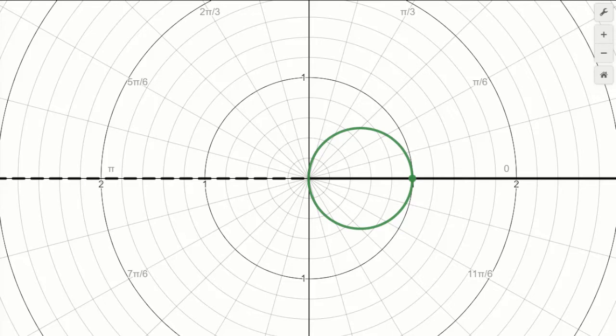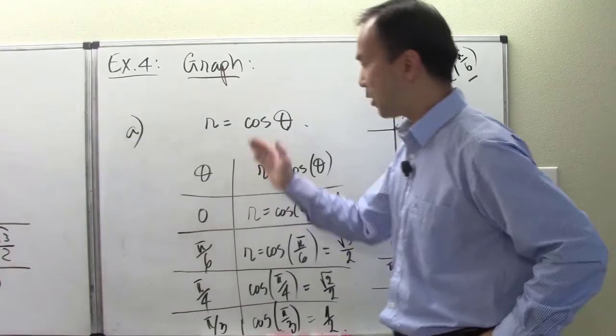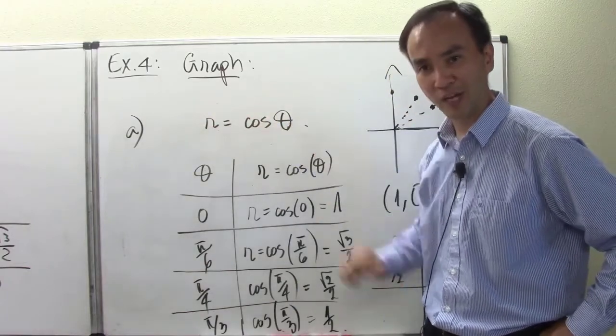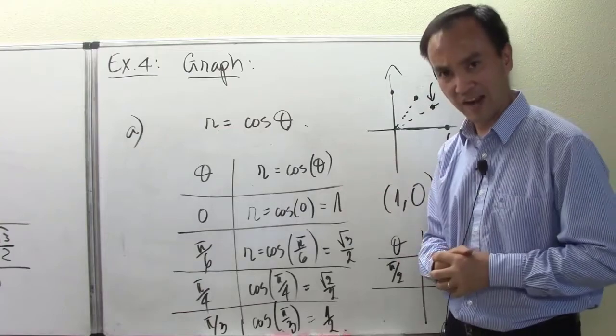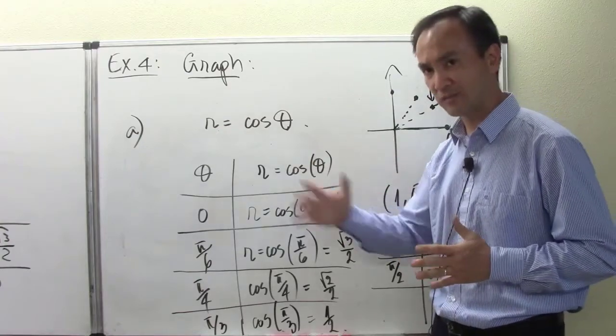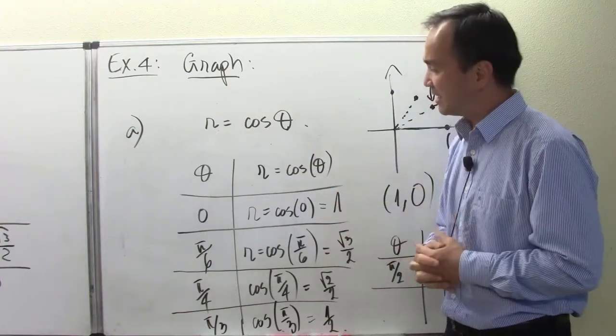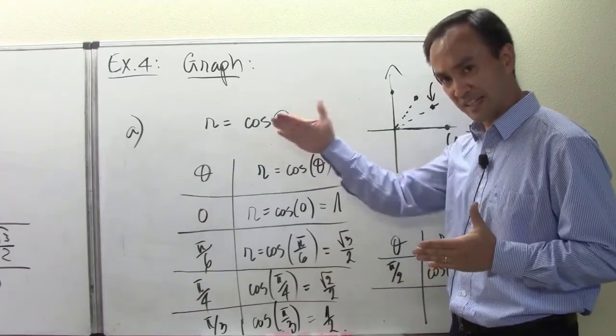All right, and so now, ladies and gentlemen, this is actually the graph of our function, the graph for our polar curve r equals a cosine of theta. Okay, so that's how it has been done. It took a lot of time and explanations, but that's how we're doing it.